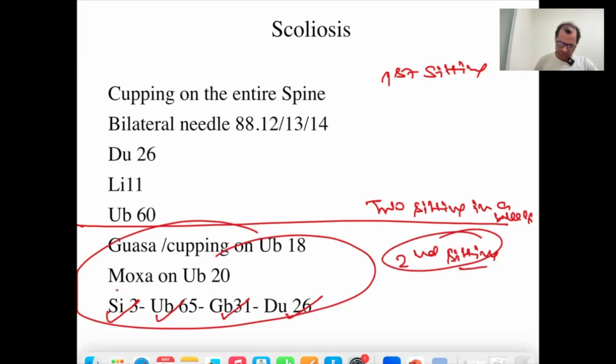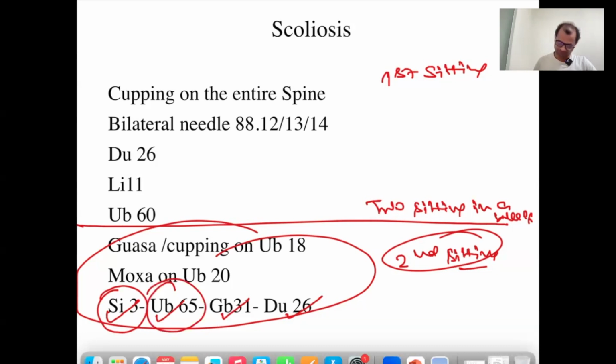In this sitting we are having SI3, which is the master point of spine. UB65, the distal point of UB channel. DU26 is the distal point of spine.